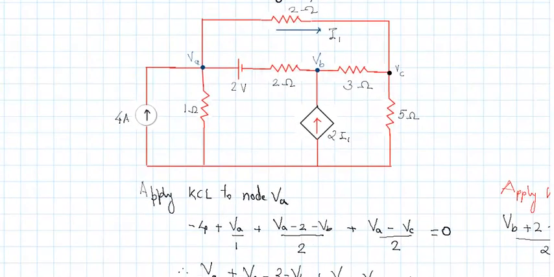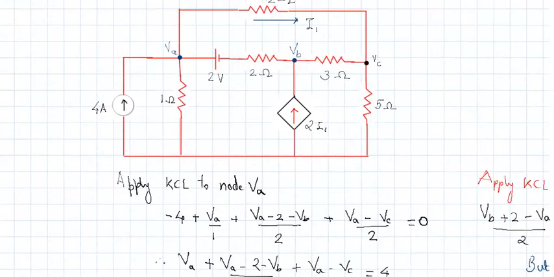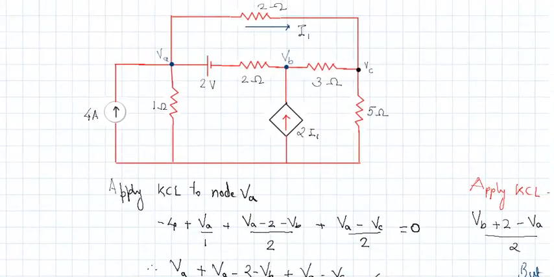Now you verify what has been done here. Correct? So let's verify. We started with this particular current in this particular branch. Since this is an incoming current, we consider it to be minus 4. Then we took VA upon 1, right? Then the next current was in this particular branch. So how did we do it?